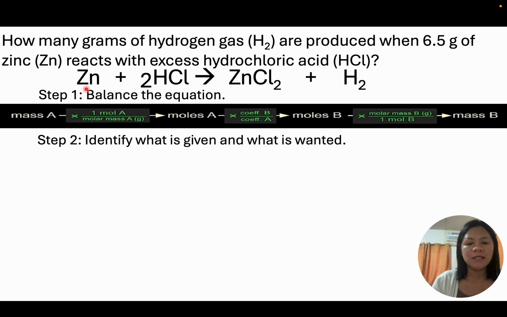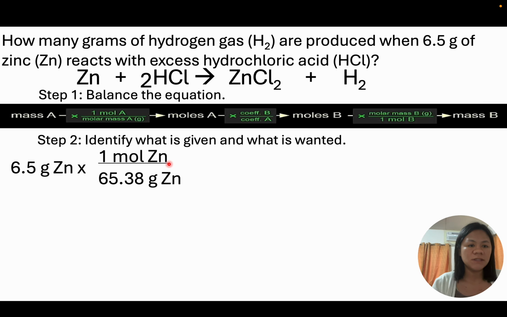First, we put our given, which is 6.5 grams of zinc. The second step is still part of step 1: we need to identify the molar mass of zinc. The molar mass of zinc is 65.38 grams. We put that in the denominator in order for us to cancel this.